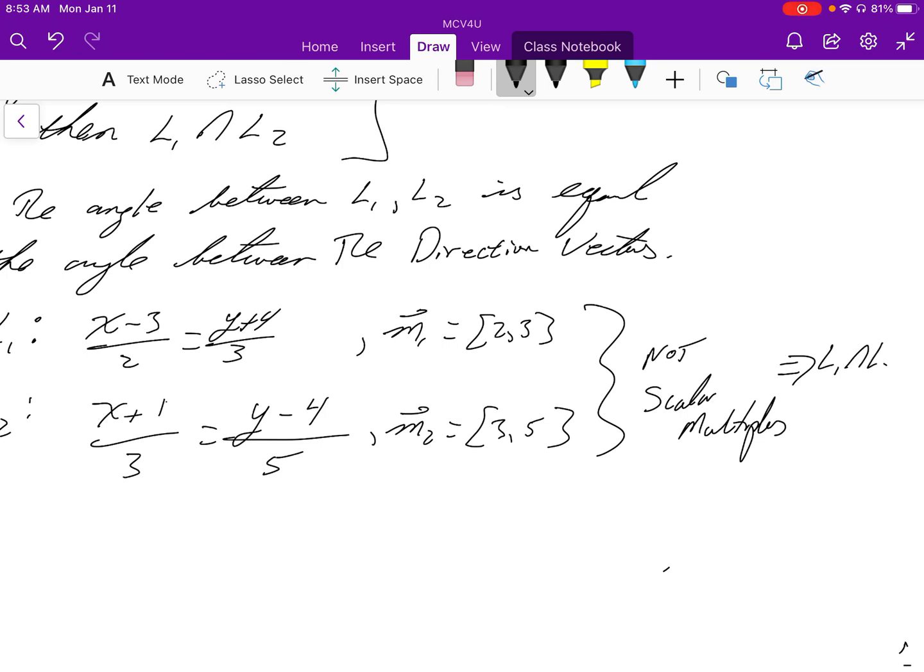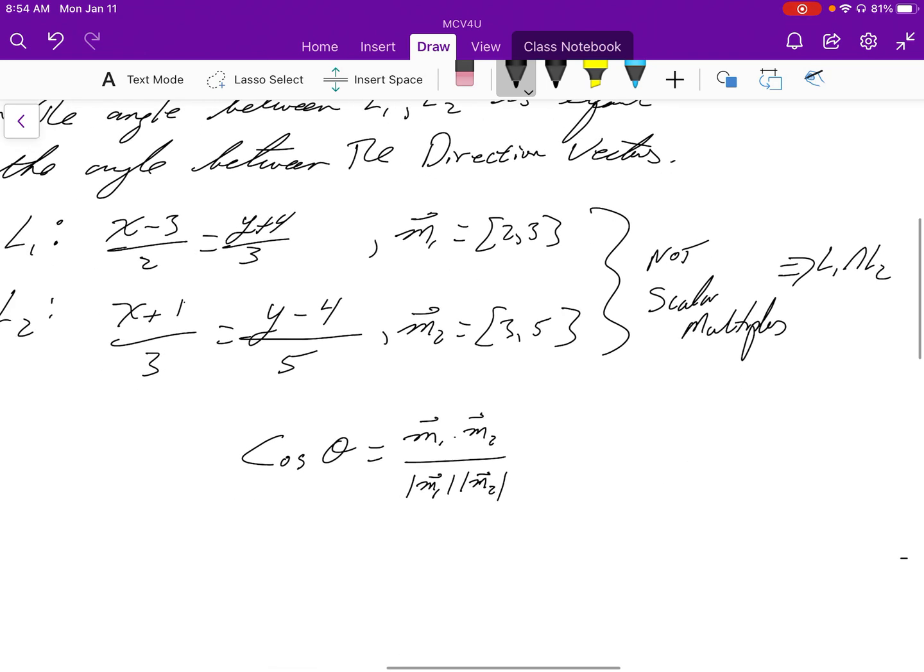L1 intersects L2, so we can then determine the angle between them, and for angles, remember, we use the dot product. We know that cos theta is equal to the dot product m1 dot m2 divided by the product of each magnitude.